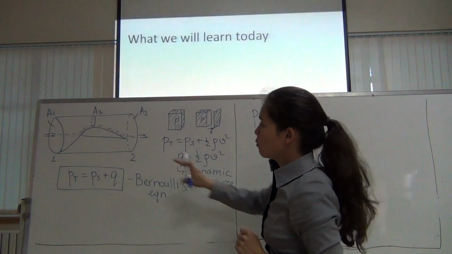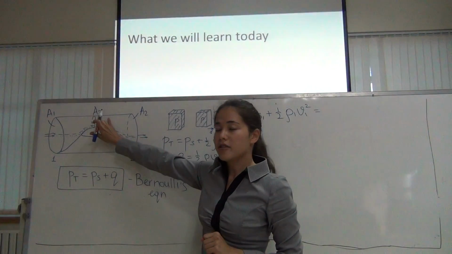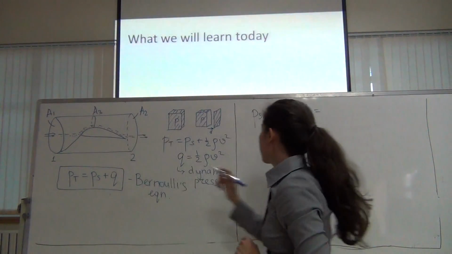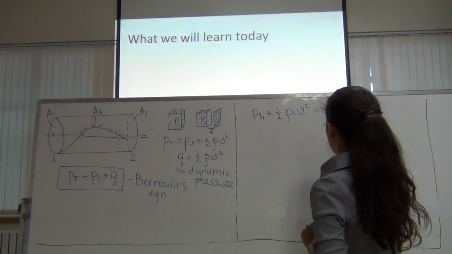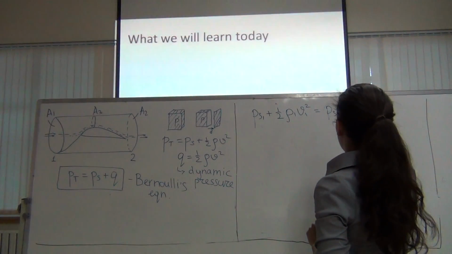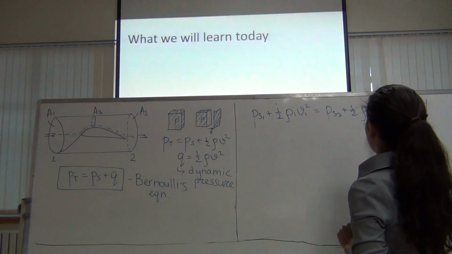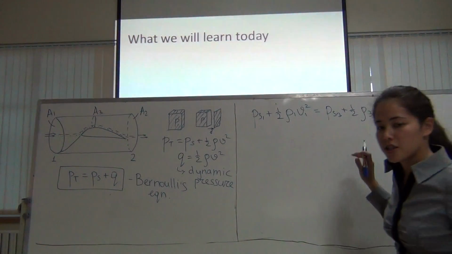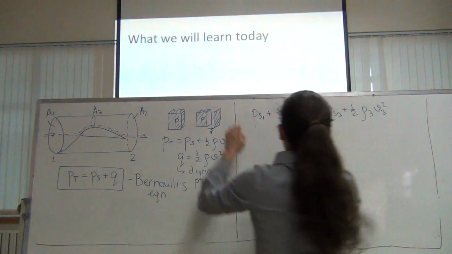And if we consider area 3, we will have P static 3 plus 1/2 rho 3 v3 squared. Now let's rearrange this equation a little bit.